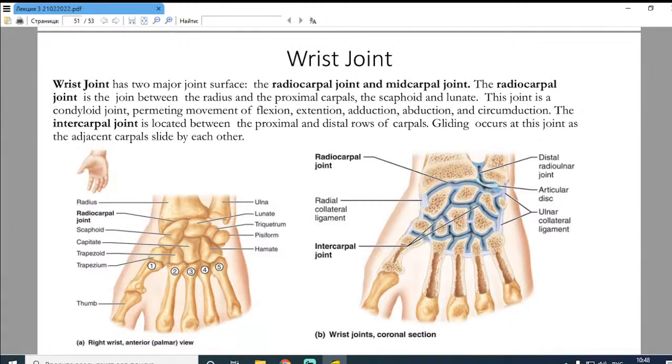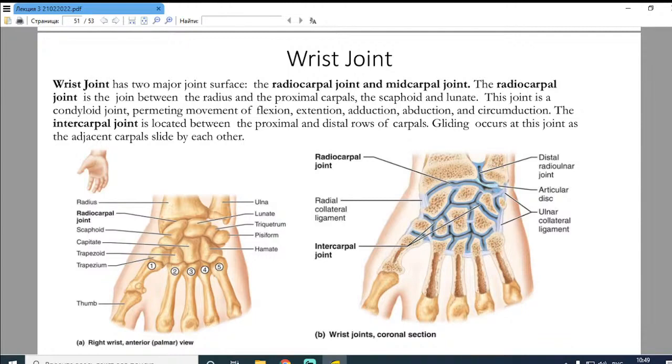The radiocarpal joint is the joint between the radius and the proximal carpals, the scaphoid, os scaphoideum, and the lunate. This joint is a condyloid joint, permitting movements of flexion, extension, abduction and circumduction.